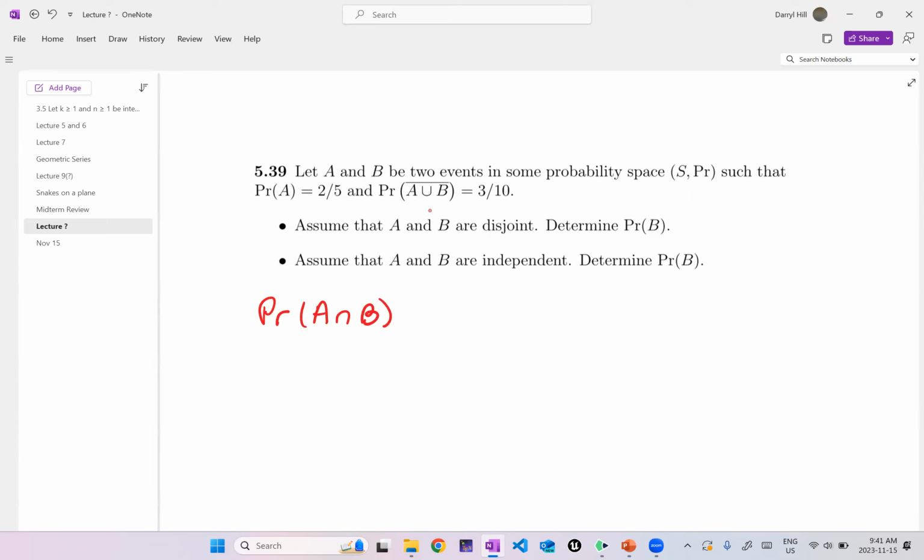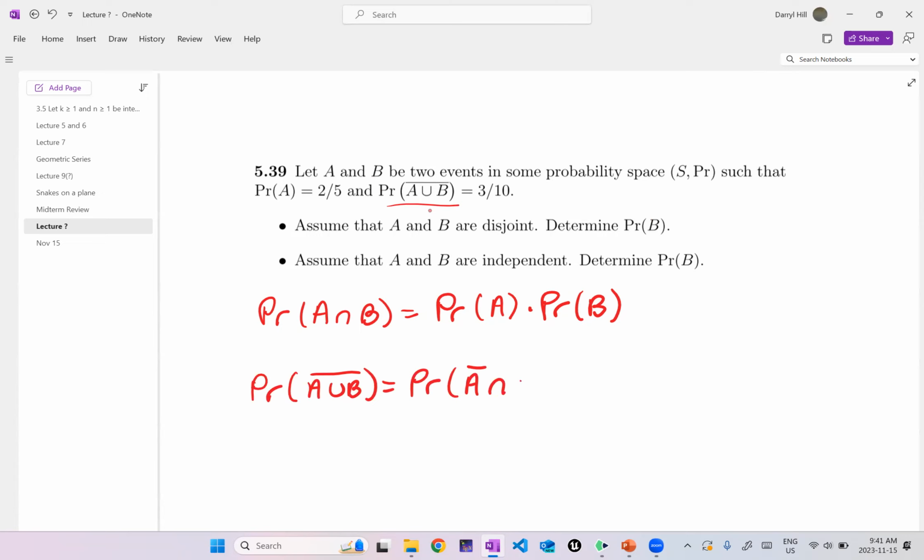A intersect B equals probability of A times the probability of B. That might come in handy. But what else do we know? We know that this, using De Morgan's law, is equal to the probability of A naught intersect B naught, right?